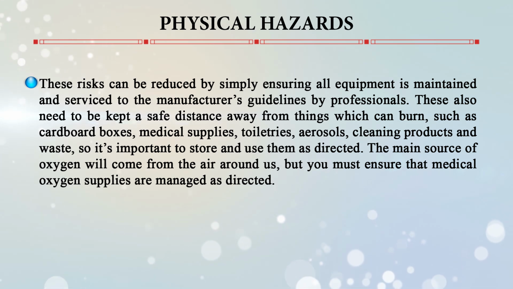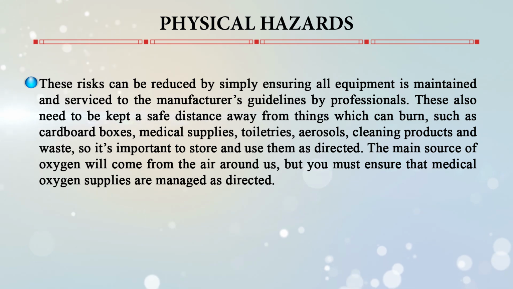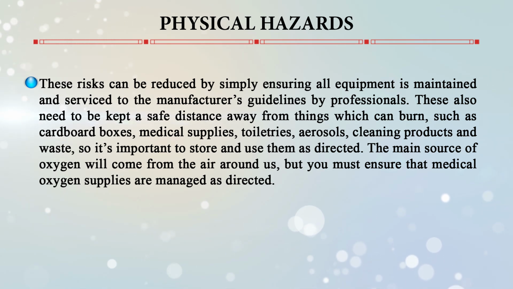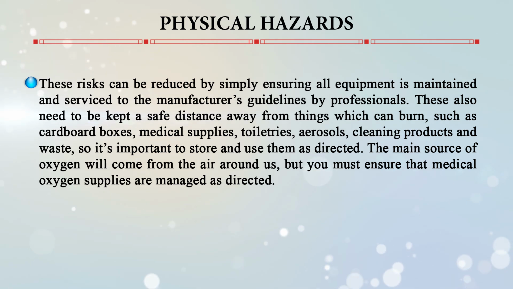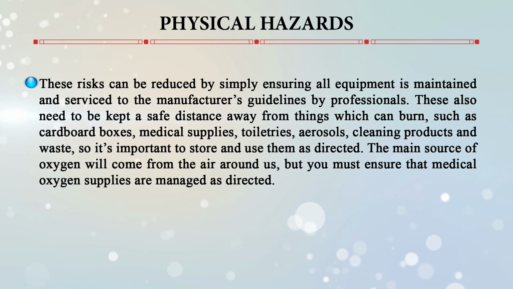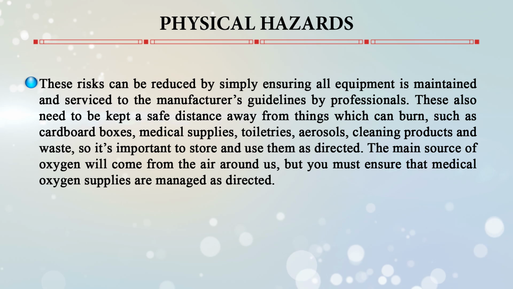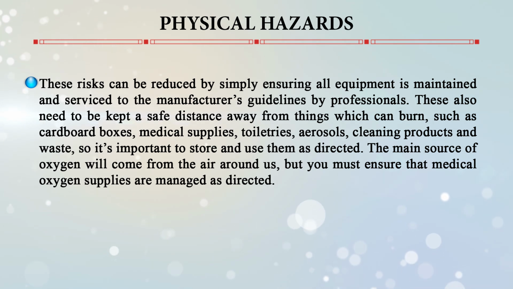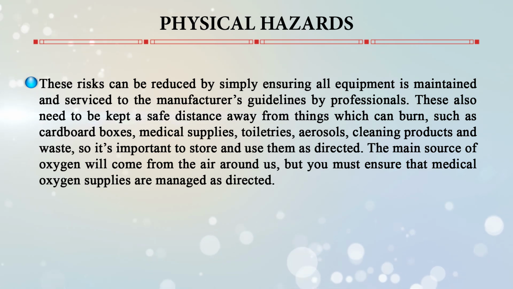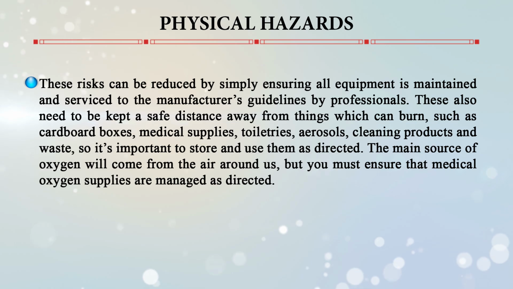They also need to be kept at a safe distance away from things which can burn, like cardboard boxes, medical supplies, toiletries, aerosols or cleaning products and waste. So, it is important to store and use them as directed. The main source of oxygen will come from the air surrounding us, but we have to ensure that medical oxygen supplies are managed as per the guidelines.